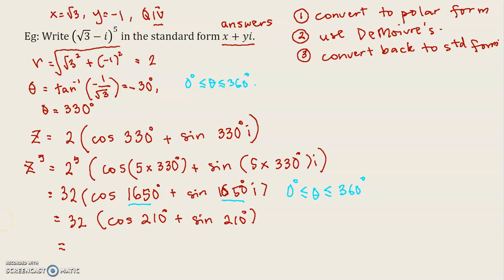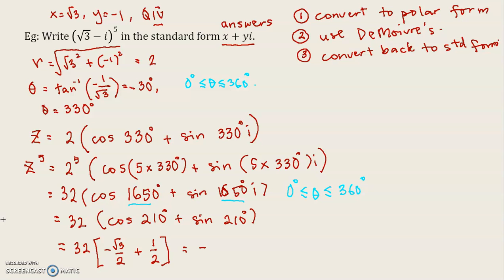We simply find the value of cosine 210, which is negative root 3 over 2, and sine 210 is negative half. Then simply multiply through.